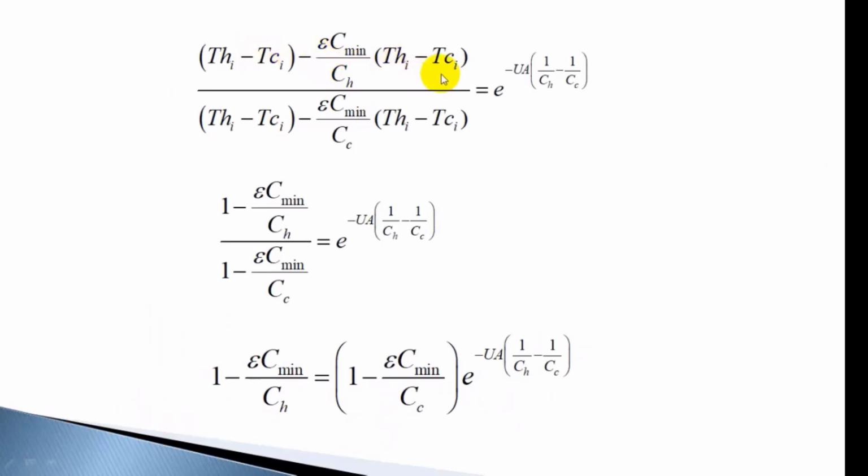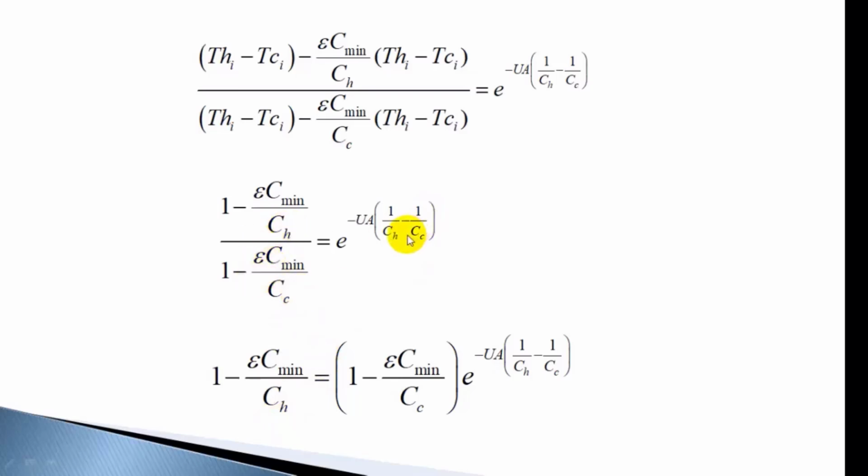Now Thi minus Tci is common, so that can be taken outside. You will get 1 minus this term, and here again 1 minus this term. Once you take it outside in the numerator and denominator, that will cancel out. You get 1 minus effectiveness into C minimum by Ch, and in the denominator 1 minus effectiveness into C minimum by Cc, equal to e raised to minus U into 1 by Ch minus 1 by Cc.